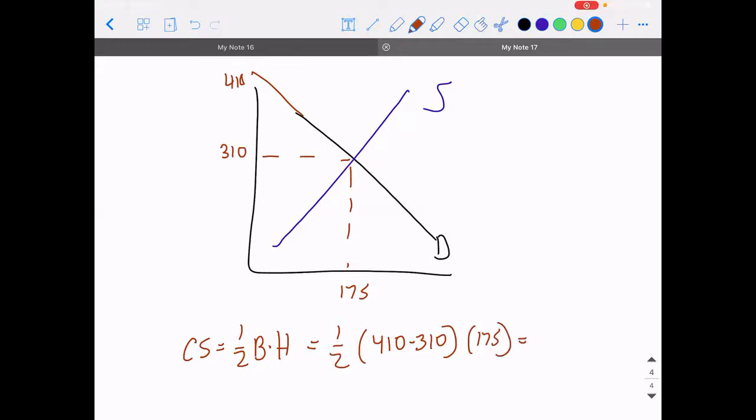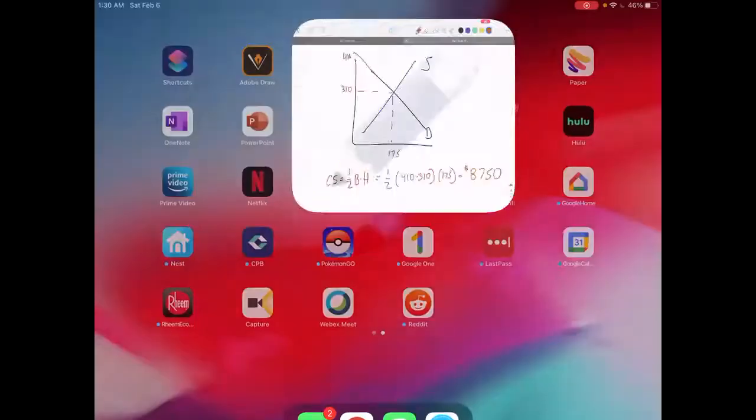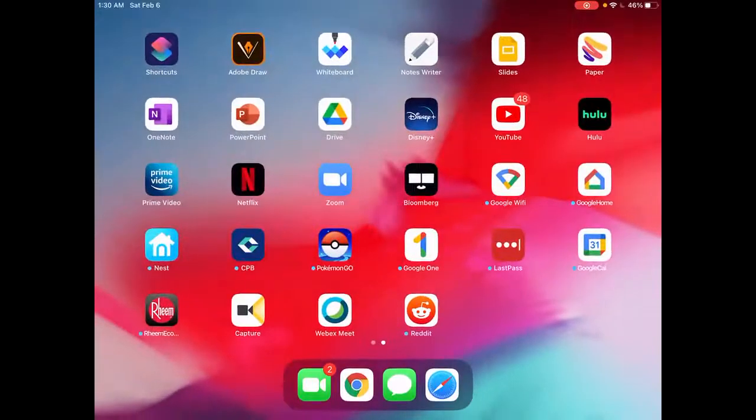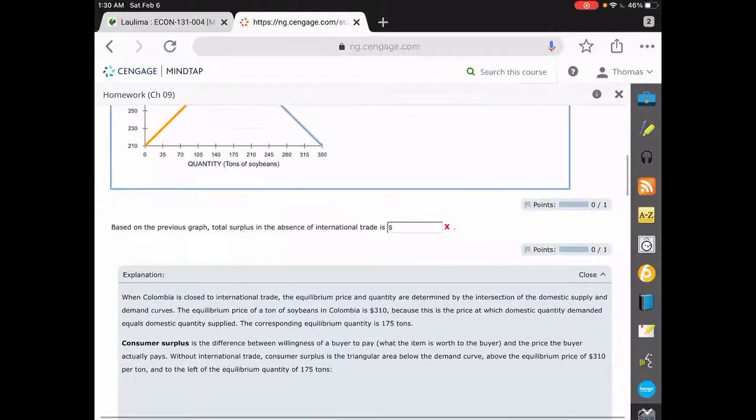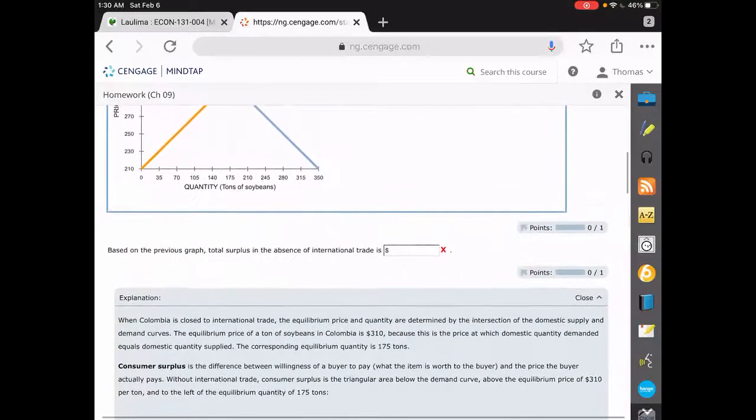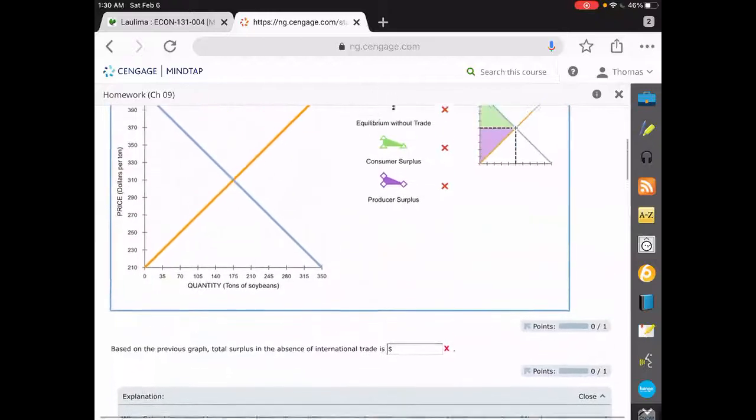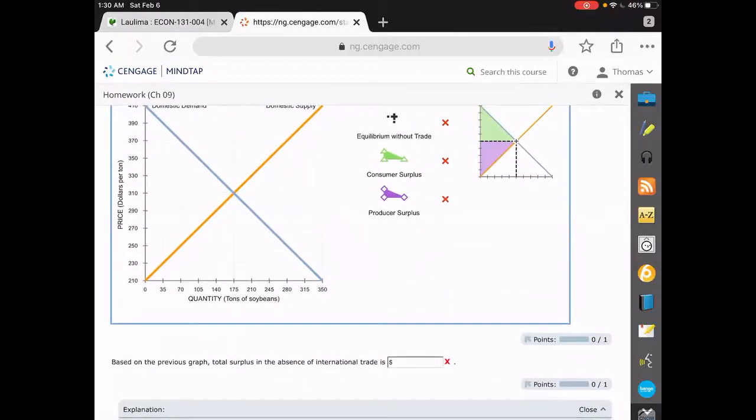Okay, hoping that it would say that that is the answer. Oh, it wants me to do both. I would have gotten this wrong because I didn't read totally. It says total surplus. So now I need to add to that.